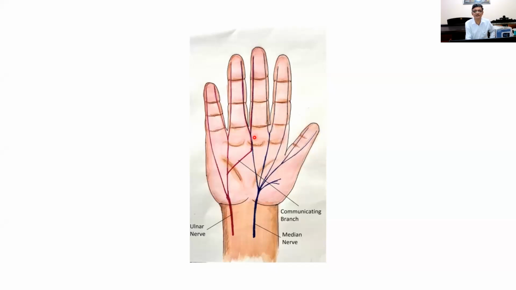And there are communicating branches and some aberrant connections in some people, so don't worry about it. Usually we know that the thenar side is supplied by the median nerve, and the hypothenar side is supplied by the ulnar nerve.